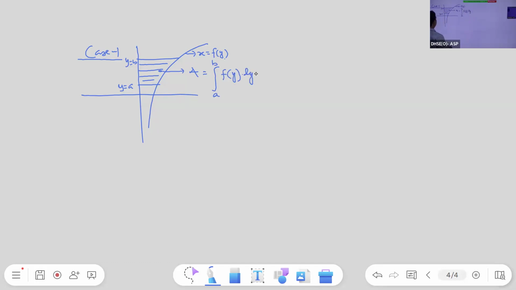Right? Case 2, if the curve lies to the left of y-axis, the structure of the curve is like this.